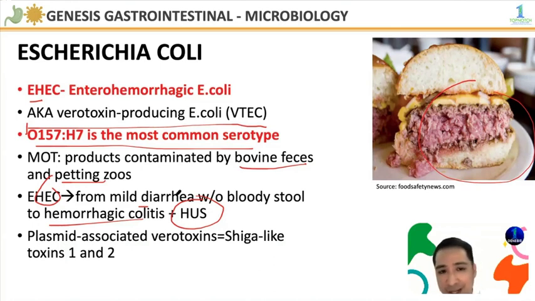So remember, the bloody diarrhea in EHEC is not invasive. It will present without fecal leukocytes. And the damage will be secondary to the toxin itself, and it will not promote an inflammatory response.